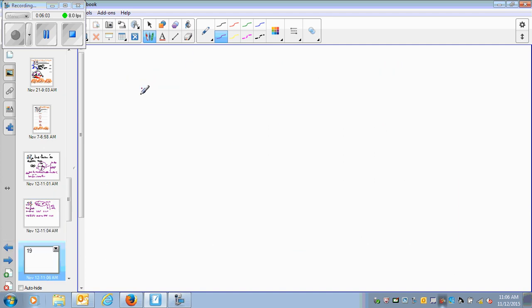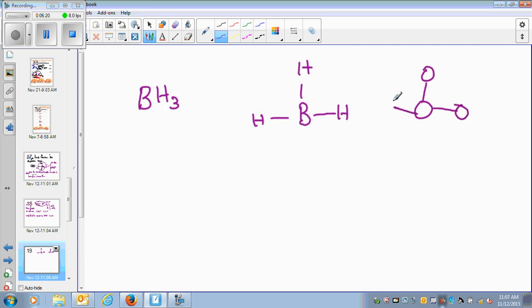Let's talk about BH3. So let's do the dot diagram of BH3. So boron has 3 valence electrons, so it is going to be bonded by 3 hydrogen atoms. So now I see that my central atom has 3 bond pairs. There are no free electrons like this on boron. Okay, boron has only 3 valence electrons.